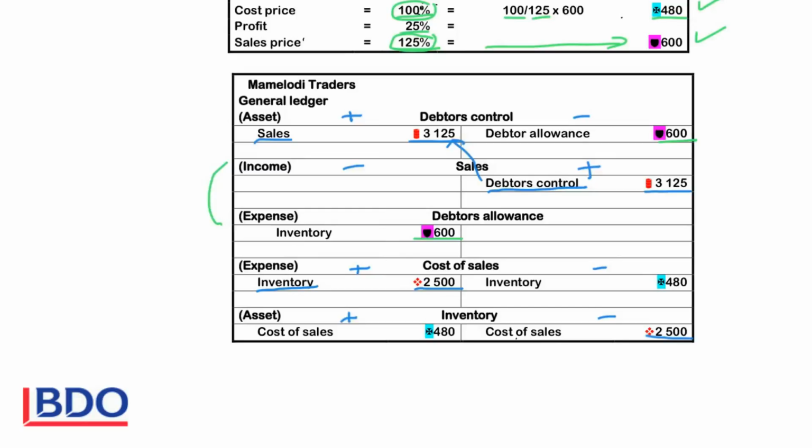So sales are decreased via the debtors' allowances account to indicate that the profit will now decrease as a result of the goods coming back.